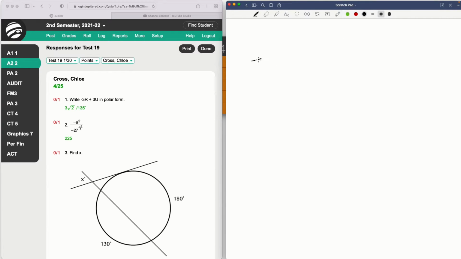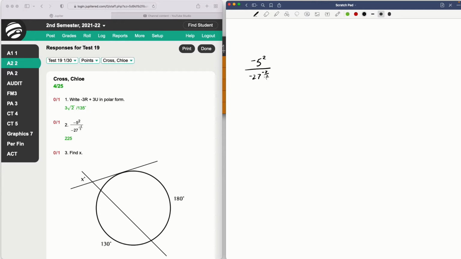We have negative 5 squared over negative 27 to the negative 2 over 3. All right, first thing, we're going to bring this up, get rid of that negative sign on that negative 2. The denominator is always positive, so it doesn't affect the index on the bottom, just the exponent. This is the index, this is the exponent.